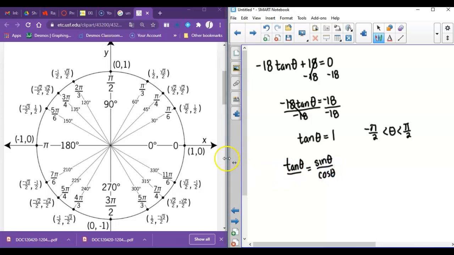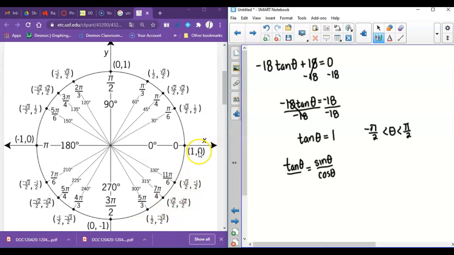So for example, I do not know tangent at 0 degrees. But if I do 0 divided by 1, that's going to give me tangent because that's sine divided by cosine. So tangent of 0 is 0. In order for us to get a tangent of 1, we should have to do sine divided by cosine and get 1. Now, down here in the fourth quadrant, I've got at least one negative value, so I'm not going to use these values as answers.